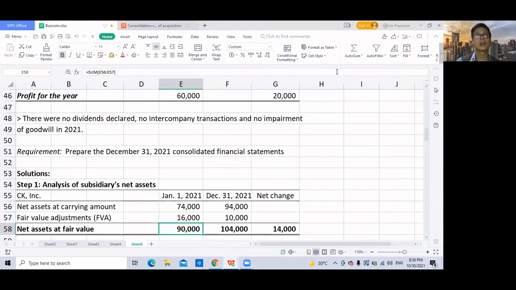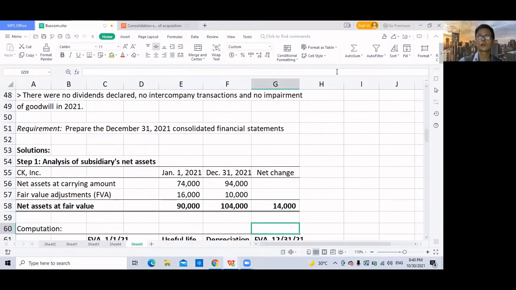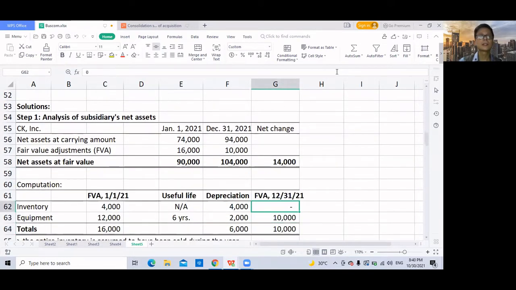Okay, so yun yung magi-reflect, no? Okay, yung fair value. And then of course ito yung difference nung sa dalawang dates, no? Yung acquisition date ng January 1 saka yung December 31 na net assets at fair value. So that's a total net change of 14,000. So as we can see here, we have the computation of the above, no? Yung inventory niya, yung pinakita natin doon kanina, no?